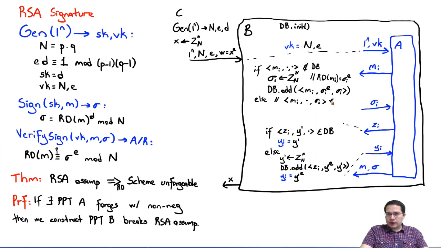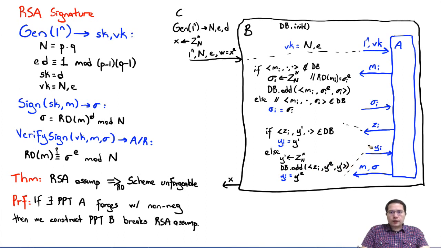So if this is in the database, then our job is even simpler. This sigma i response we are going to send is whatever is in the database. Consider it this way. Let's say the adversary queried for some Zi, and then we generated this triple for Zi, and we stored it in our database.